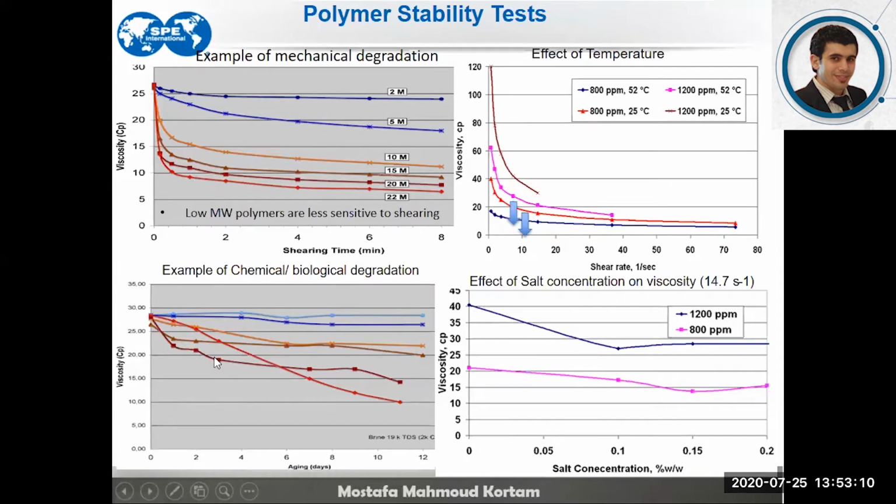So the biological and bacterial activity would reduce the viscosity over just a few days. So again, we should inspect and investigate the polymer, doing this kind of comparison and seeing the sensitivity of the polymer across different conditions and different situations.